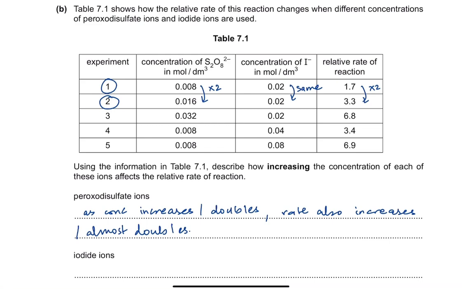Moving on, when we talk about iodide ions, we'll have to pick a reaction where the concentration of peroxodisulfate remains the same, but iodide ions changes. So comparing reaction 4 and 5, peroxodisulfate remains the same, but iodide ion concentration doubles, and you can look at the rate of reaction.